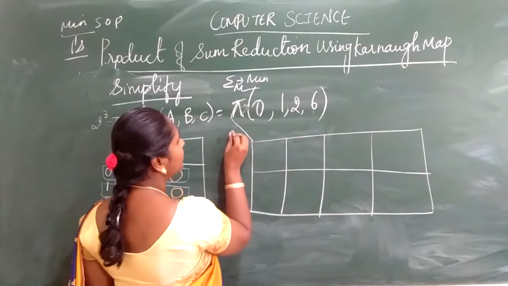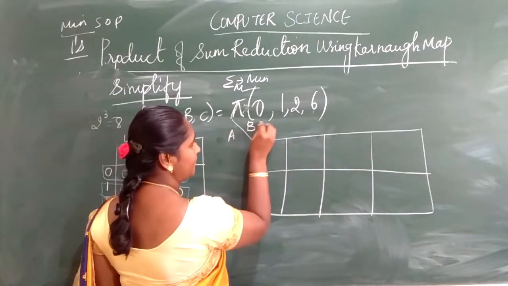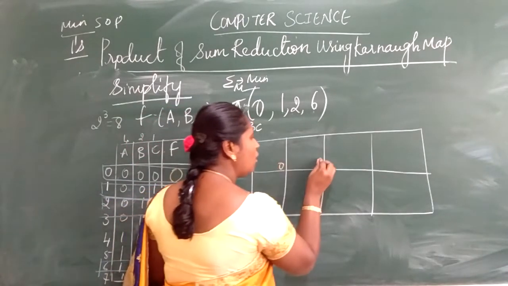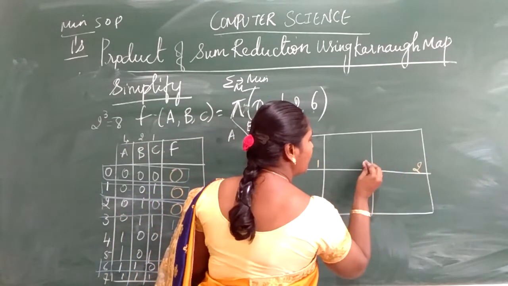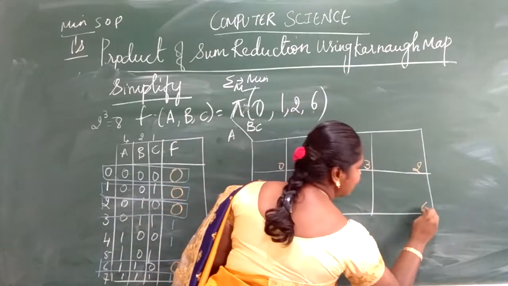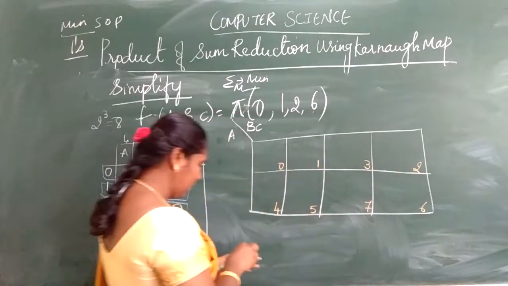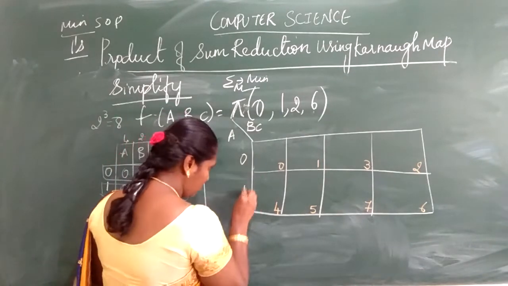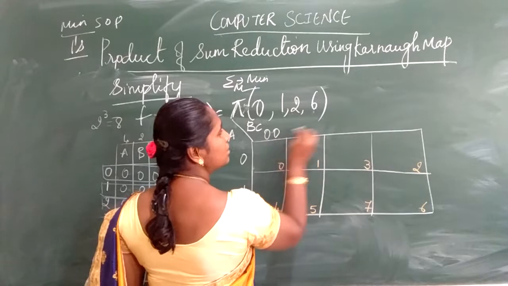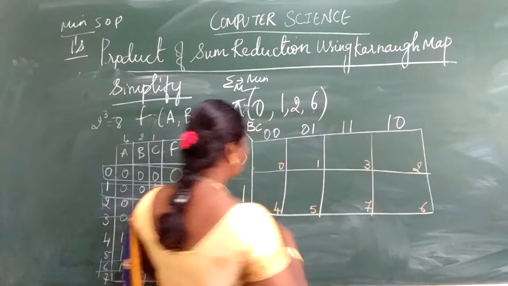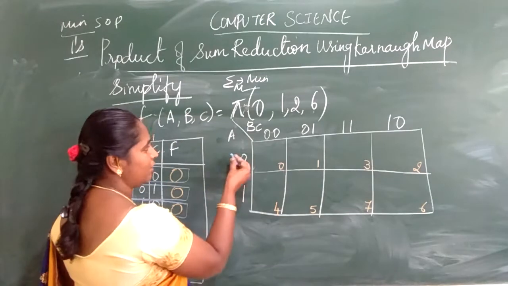Just what are the inputs? A, B, C. Address the subscripts, that is nothing but 0 1 2 3 4 5 6 7. Then represent in the form of variables, that is 0 1 0 0 0 1 1 1 1 0, in the form of literals or variables.